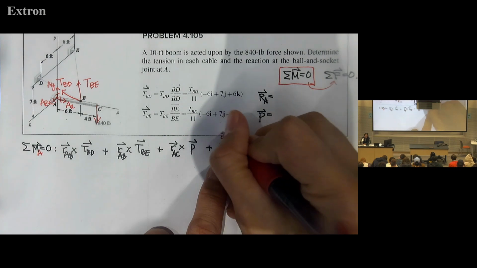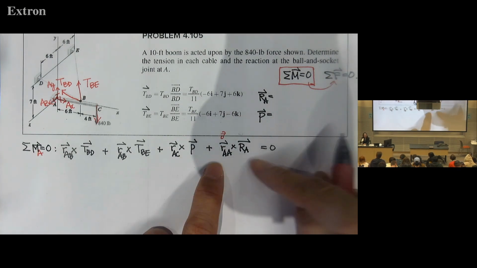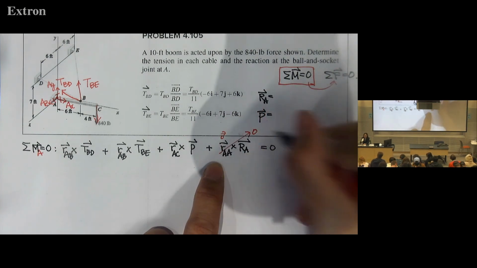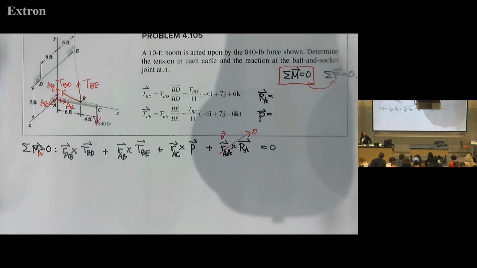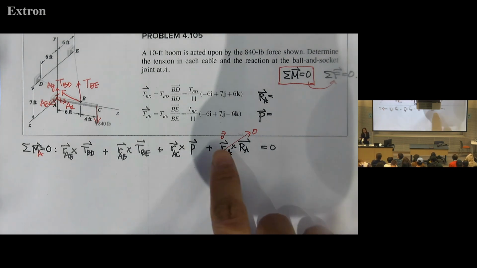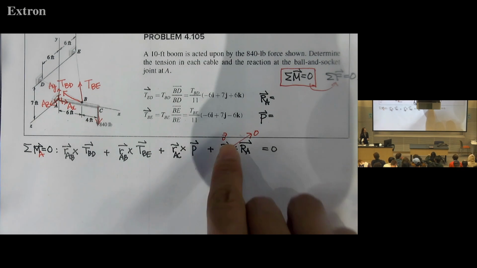So this is a zero vector, and 0 cross something is 0, so we don't have to consider that. It's consistent with 2D, right? If there are forces at the reference point, there's no moment effect because the moment arm is 0.